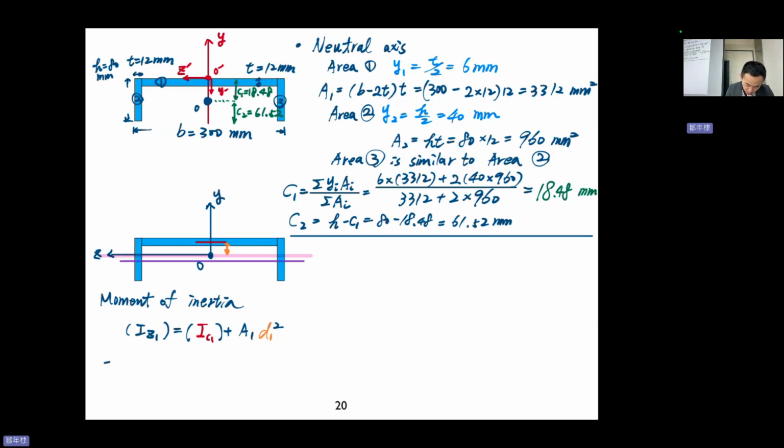So it equal to 1/12, 300 minus 2 times 12, times 12, 3.